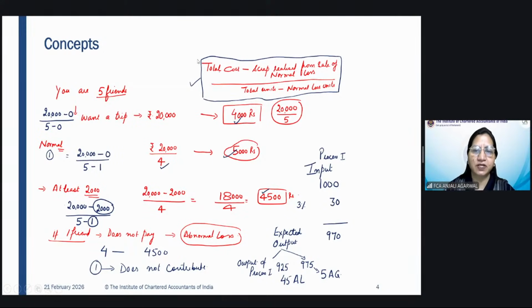We have established that, okay, one friend is not able to contribute anything, then it is 5,000. But if he says that I can contribute 2,000, then it is 4,500 per friend. Now, if one does not pay anything at all, then it is going to be 4,500 as the loss, we will not recalculate dividing by 3.